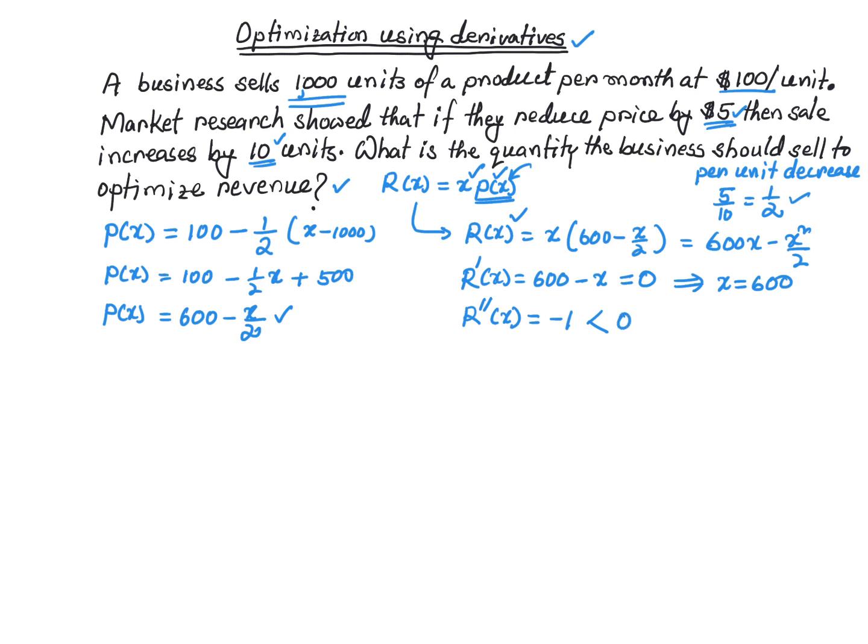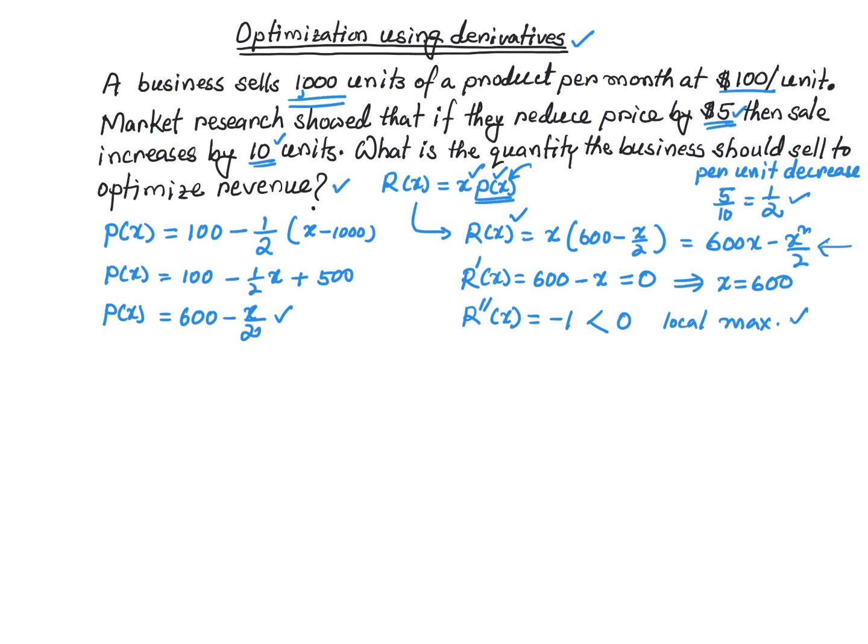So by the second derivative test, the function is concave down here, so it's going to be a local max. This, by the way, also will be a global max, because look at our revenue function. It is a parabola, right? So it is going to give you the global max as well.